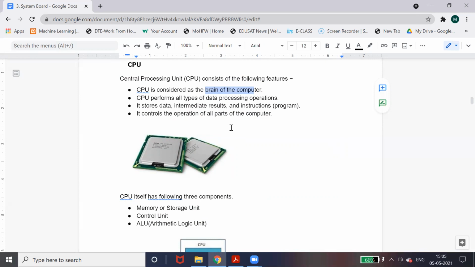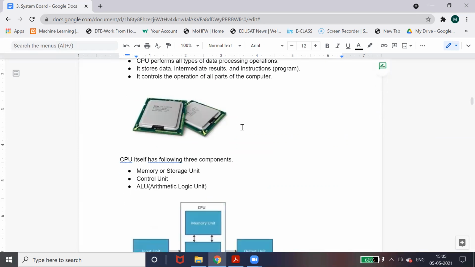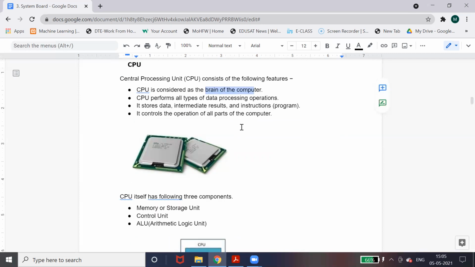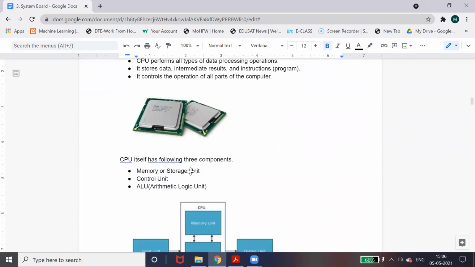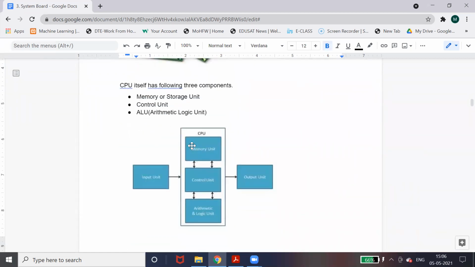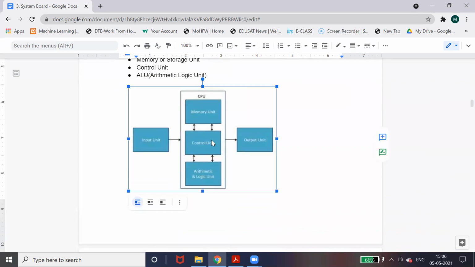All this processing for every process is carried out with the help of the central processing unit. Whatever data processing is required, parsing the data, printing the result data, and sending it back to the user, all these operations are performed by the CPU, the central processing unit.